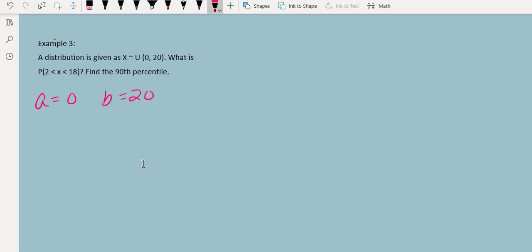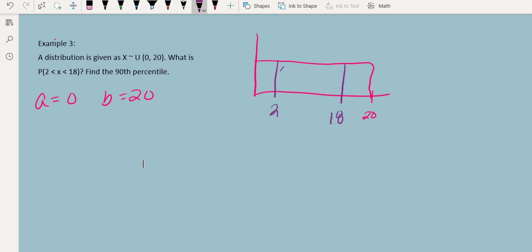Okay? So we need to find our f of x when we want to find this P of 2 to 18. So if you remember up above, we're talking about it's going from 0 to 20, but I want to find the probability between 2 and 18. I want to find that space.